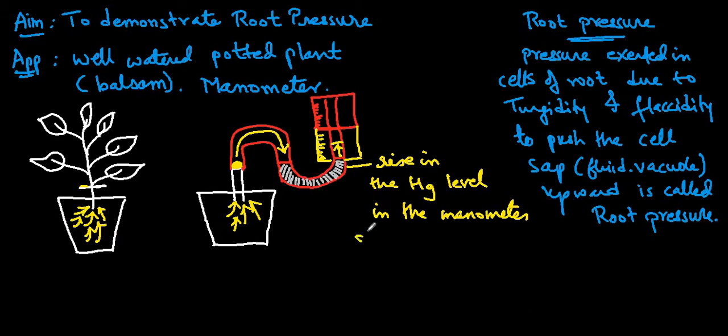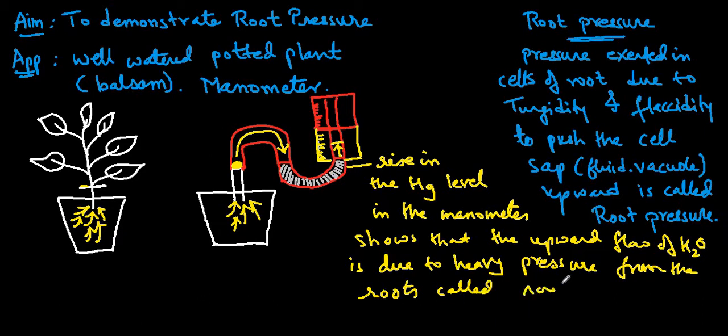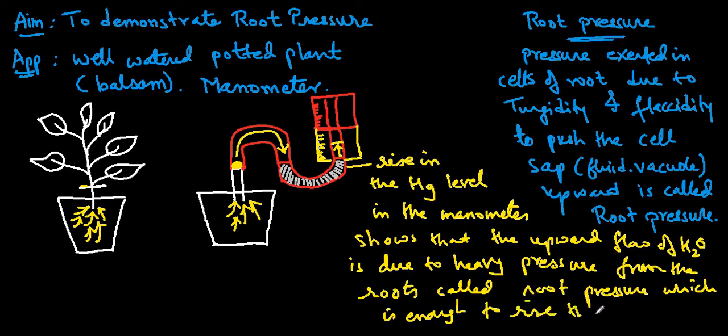the upward flow of water is due to heavy pressure from the roots, called root pressure, which is enough to raise the level of mercury.